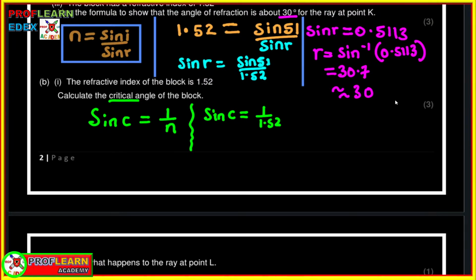25 over 38, and I like it when I enclose this and go direct to find the critical angle, and this becomes sine inverse of 1 over 1.52. This will be more accurate if you place it like that.